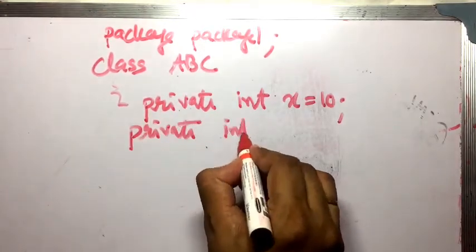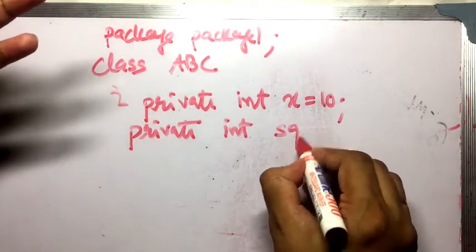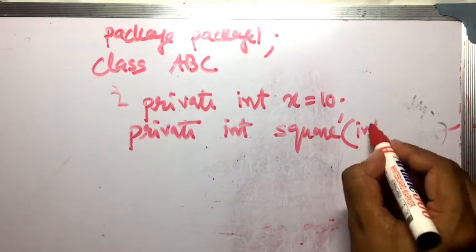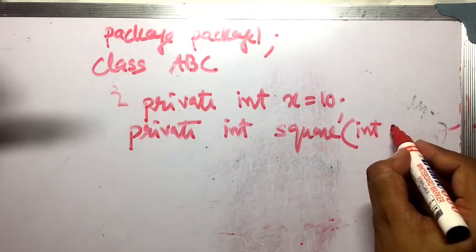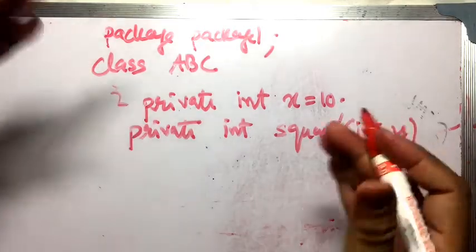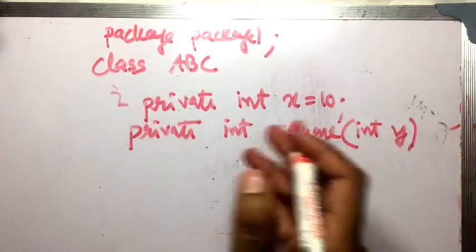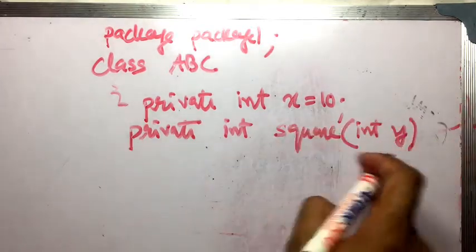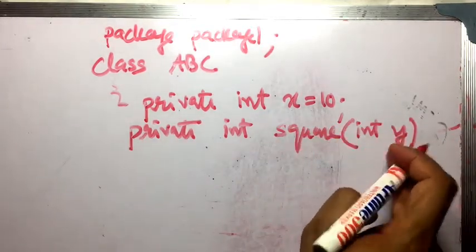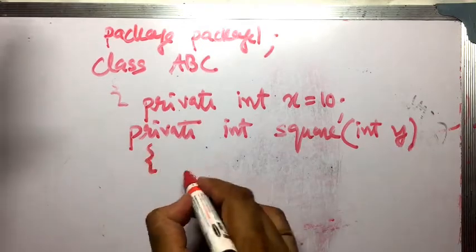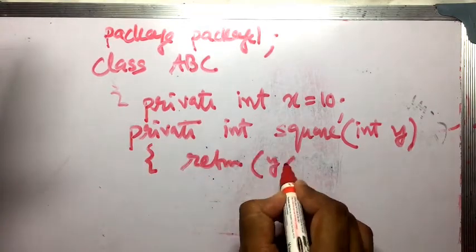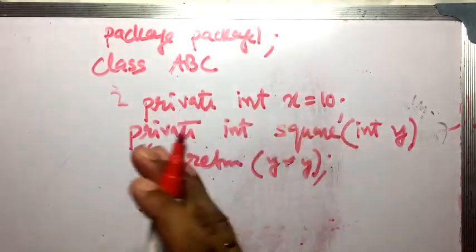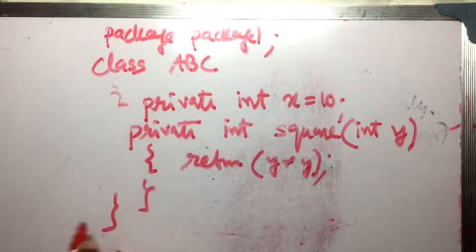We need to find the square, so there is a function named square with return type int and parameter y. The return value is y into y. So one data member is private, and another method is private. So this is the class.